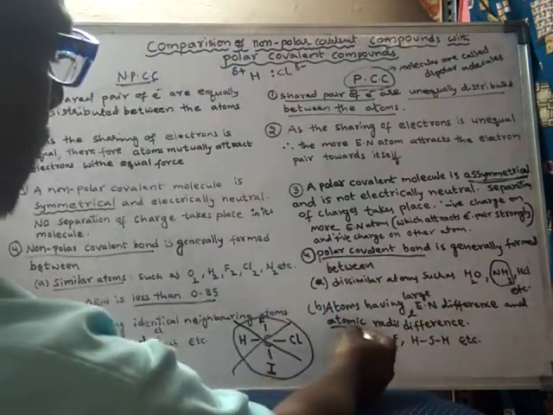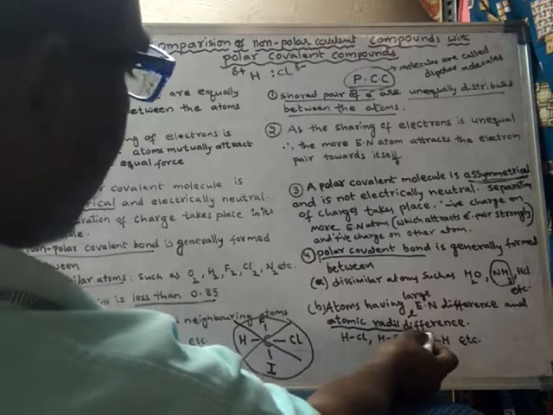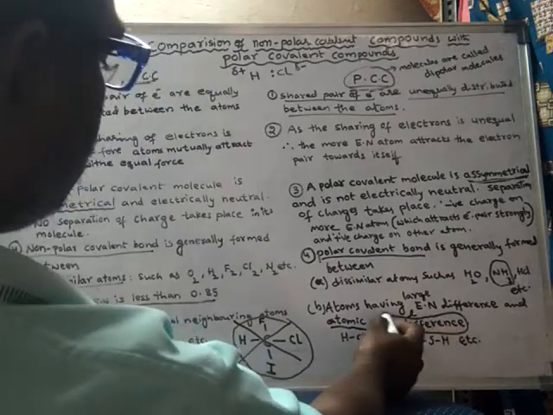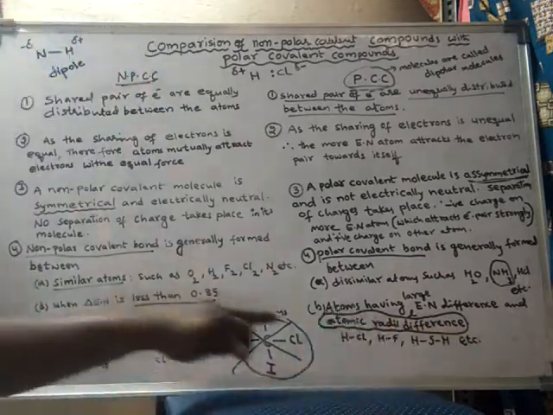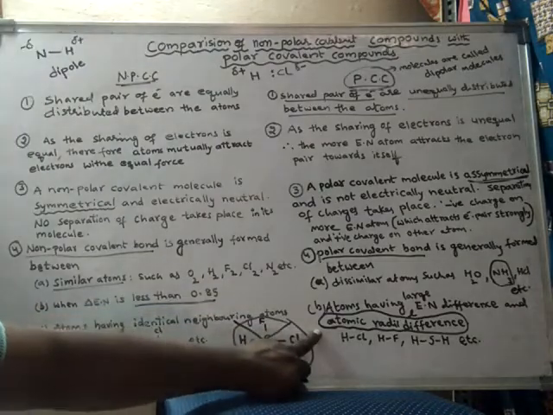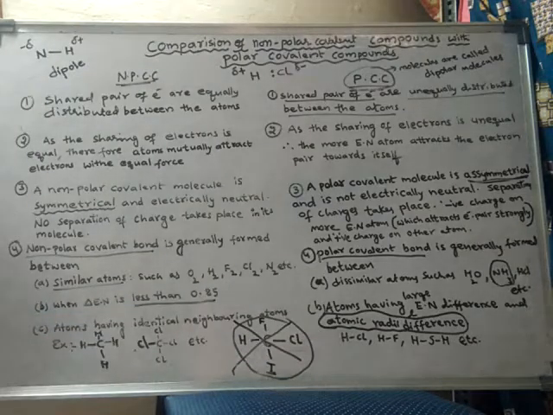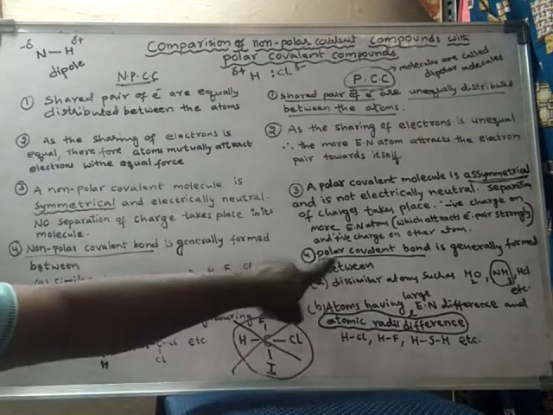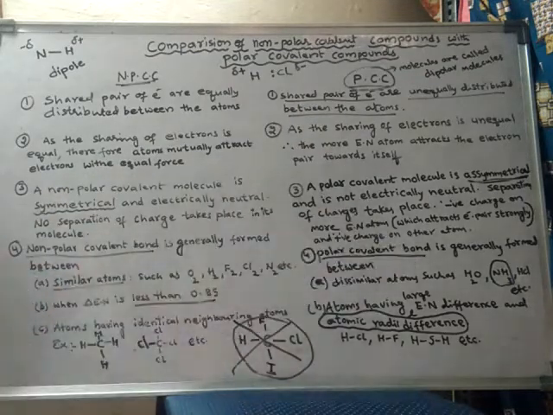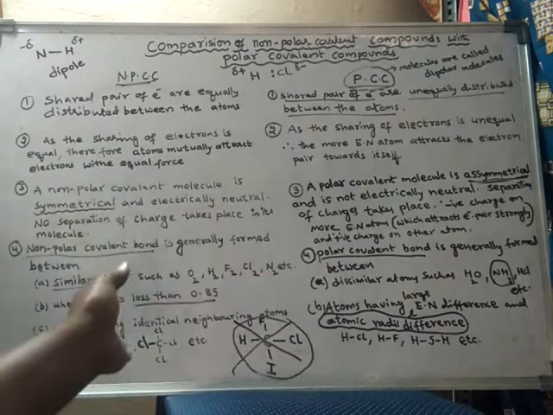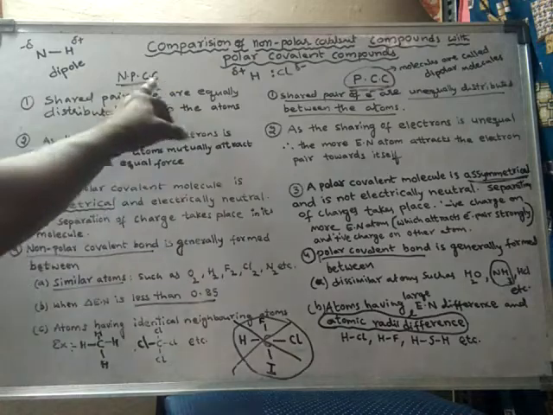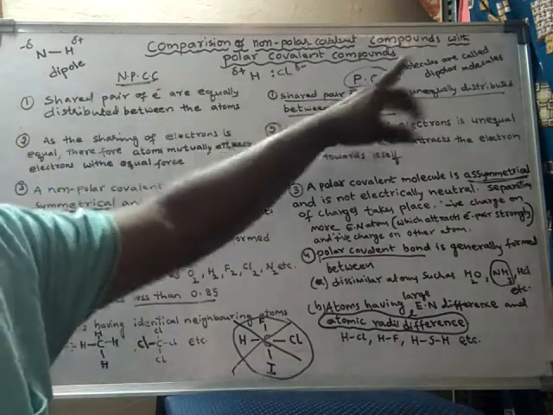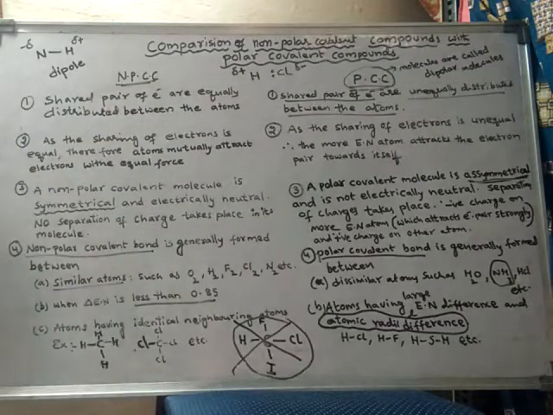When there is a large difference in the atomic radii, then also the bond formed is said to be a polar covalent bond. So like this, non-polar covalent compounds can be compared with polar covalent compounds.